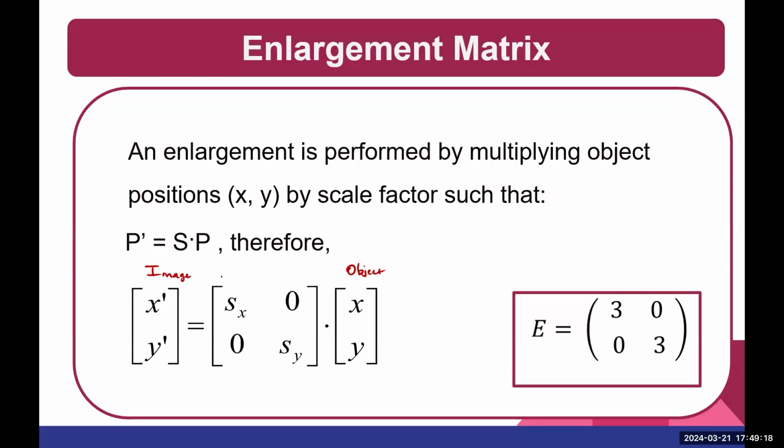The object times the scale factor gives us the image. Our scale factor is represented as a matrix. So if we were given a scale factor of 2, we would have our matrix as 2, 0, 0, 2 to multiply our object. That is how we write our scale factor in matrix form.